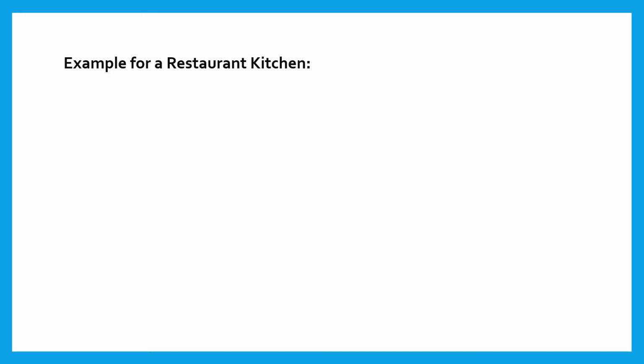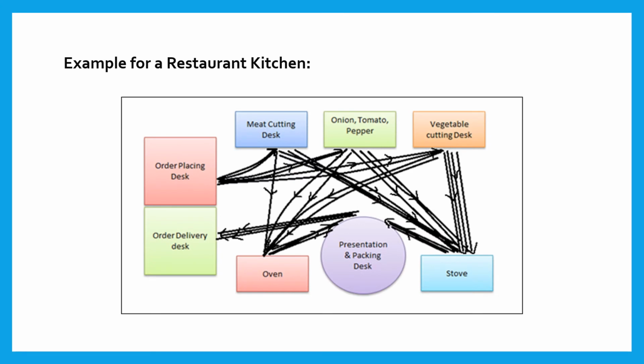Spaghetti diagram for a restaurant kitchen. Assume a restaurant that cooks various types of food and serves based on orders taken. The management made a simple C-shaped layout that makes all parts of the kitchen easily accessible to the chefs. But during peak hours, however efficient and fast the chefs worked, there was a delay in order delivery time.